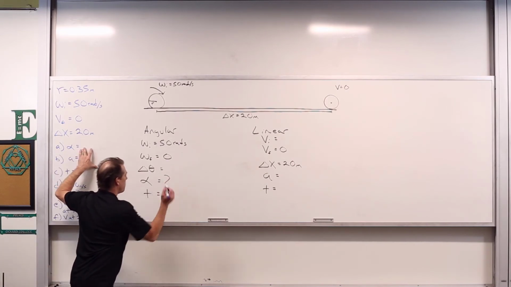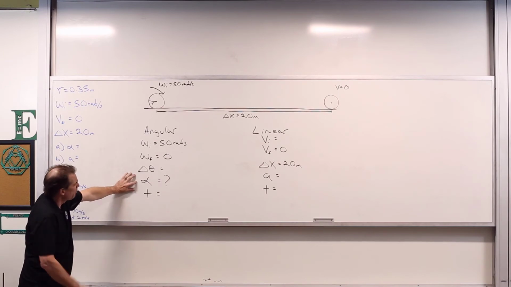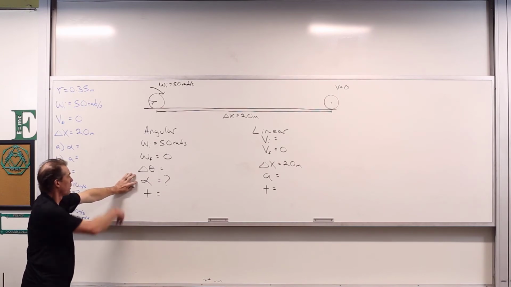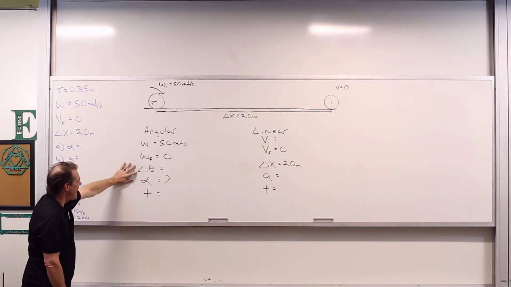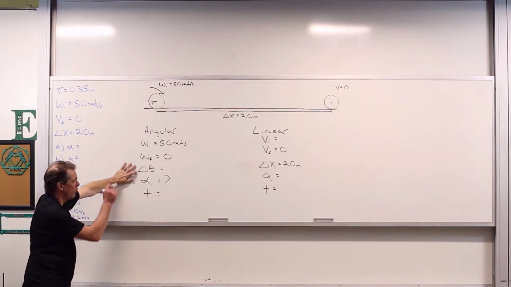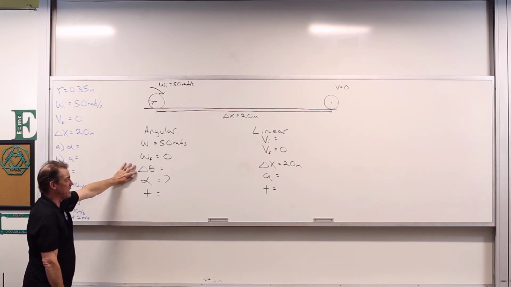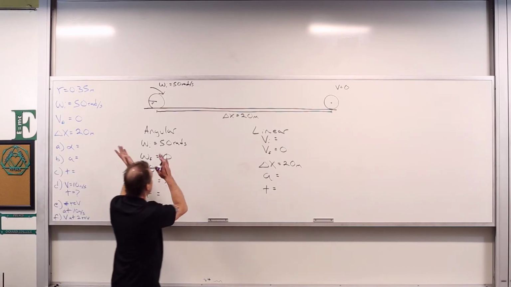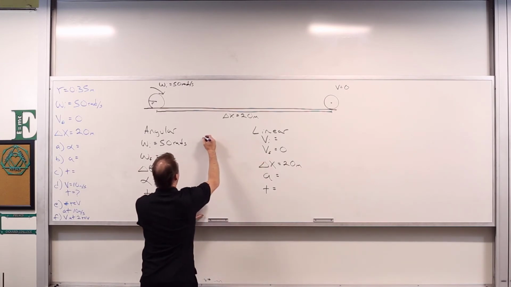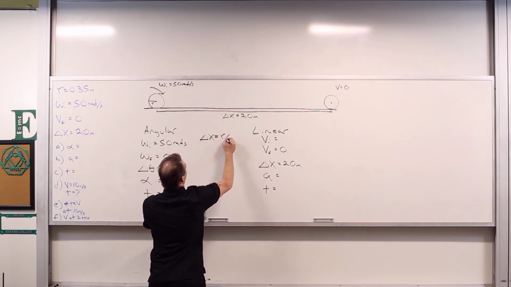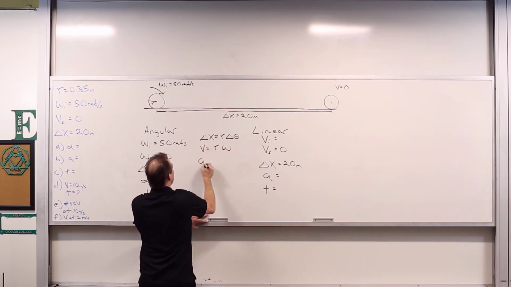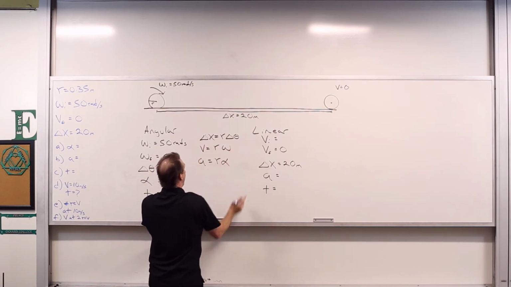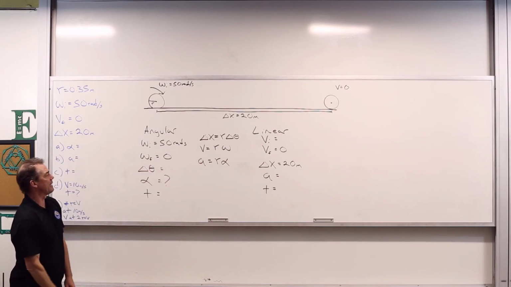So this is what we want to figure out first. So it would be nice if we just worked with angular quantities right now, right? So what can we do? Well, we can figure out what the angular displacement is based upon knowing what the linear displacement is. Because between the angular and linear, we have delta x is equal to r delta theta, v is equal to r omega, and a is equal to r alpha. There's the translation.